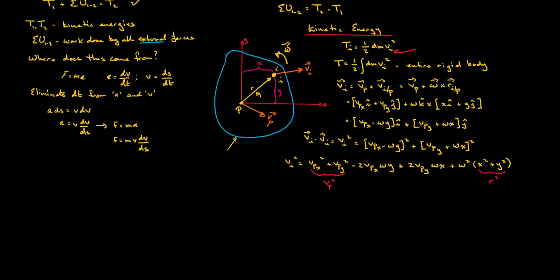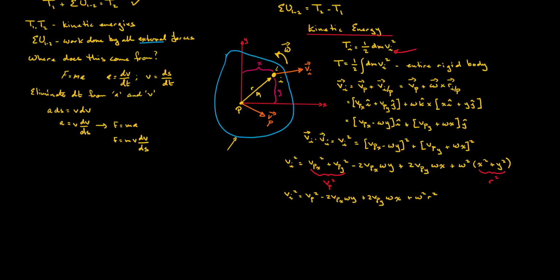So simplifying, we see that Vi squared is equal to Vp squared minus 2 Vpx omega y plus 2 Vpy omega x plus omega squared r squared.